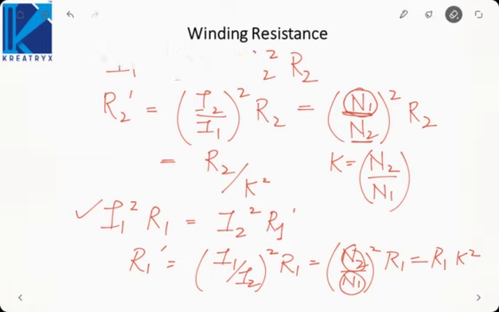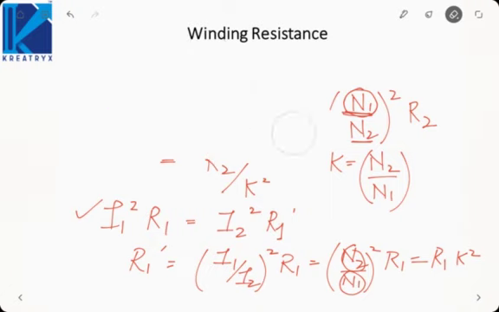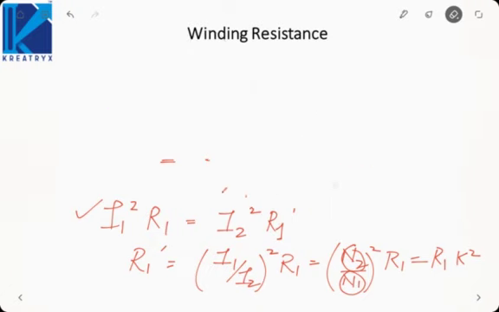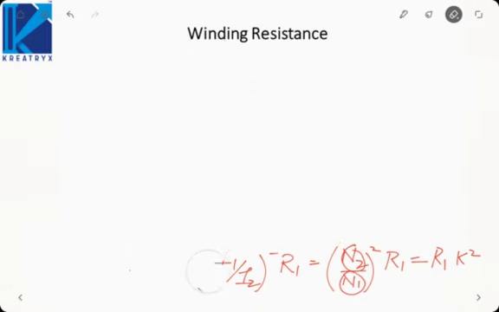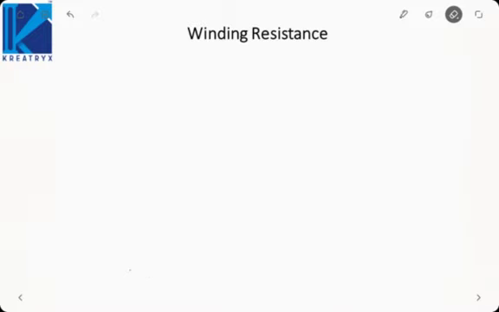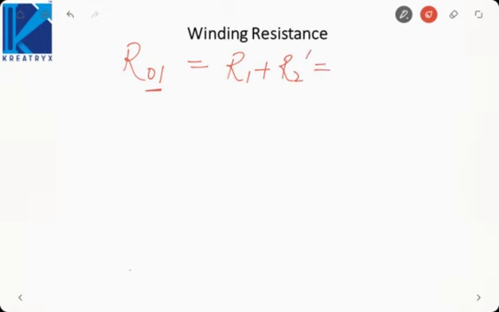Now after transferring the resistance from secondary to primary or from primary to secondary, we can add both the resistances. Now we have two resistances in the primary winding, so the equivalent resistance will be represented by R01. It will be R1 plus R2 dash, which is R1 plus R2 by K square.